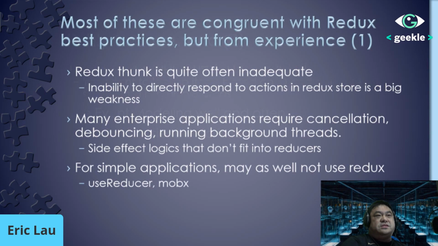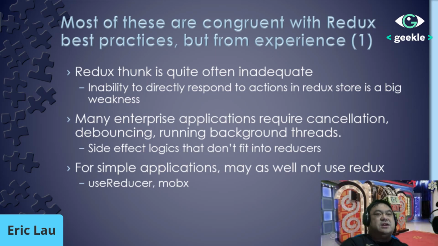So most of these are congruent with the Redux best practices on the Redux page. But one thing I do say is that I don't know why Redux still recommends Redux Thunk, because I find that it's often quite inadequate. For a simple site it's fine.